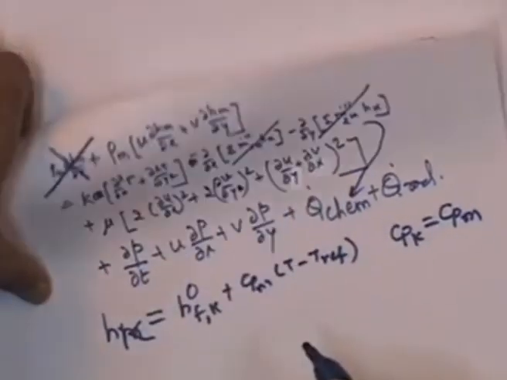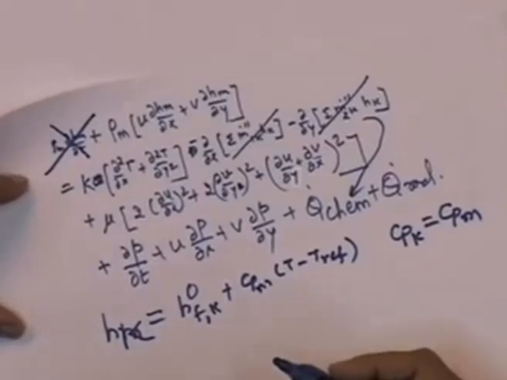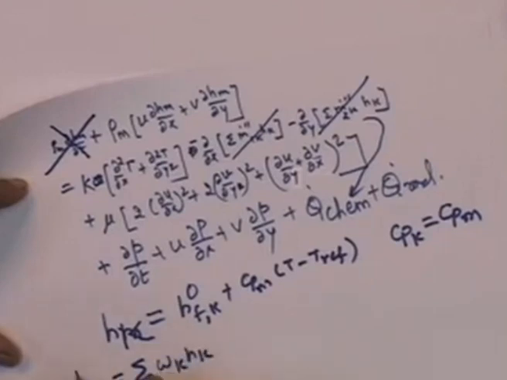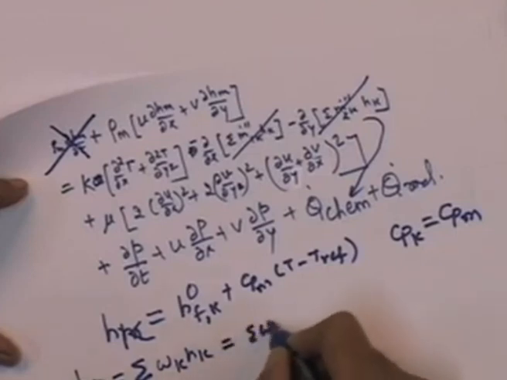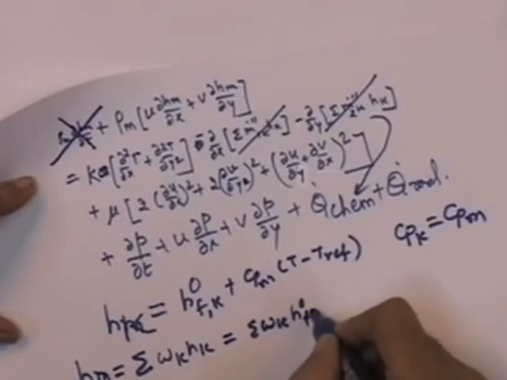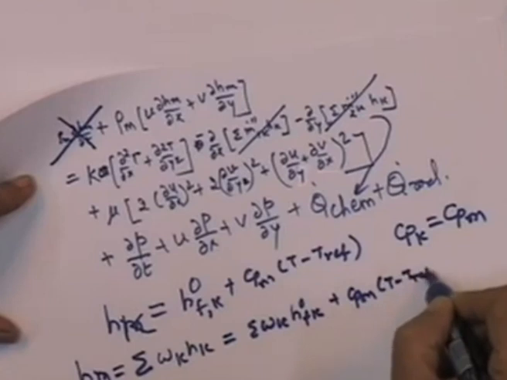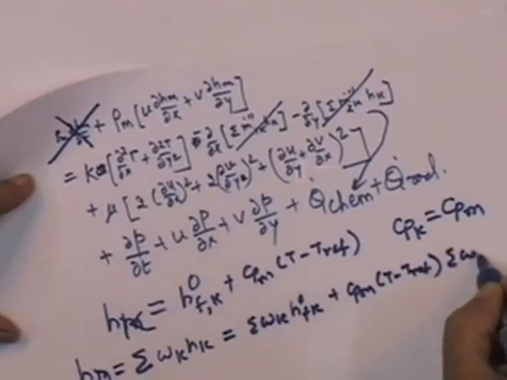Now, I am going to non-dimensionalize these terms. So, this as a whole, sum omega k hk, which is Hm, would become sum omega k h naught f k plus Cpm times T minus T ref into sum omega k, which you know is equal to 1.